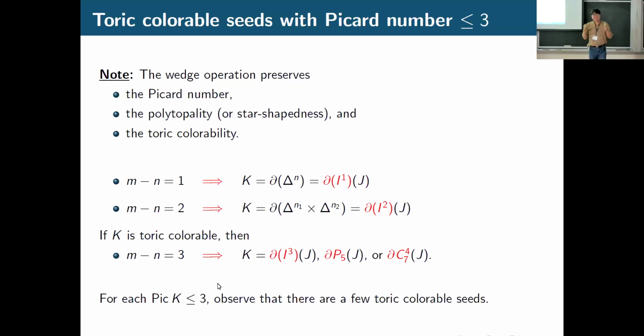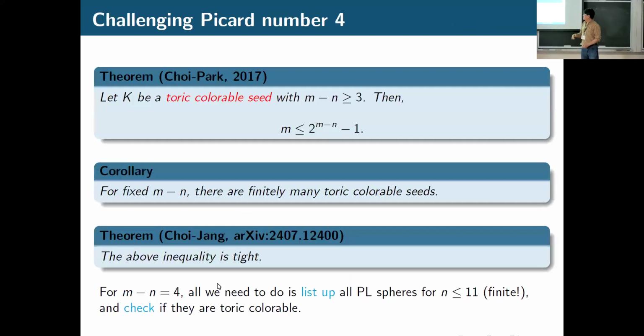At the beginning, I believed that there would be only a small number of toric curable seeds, but unfortunately it was wrong. There are not few. There are so many toric curable seeds. But the good thing is that, although there are many, they are bounded.